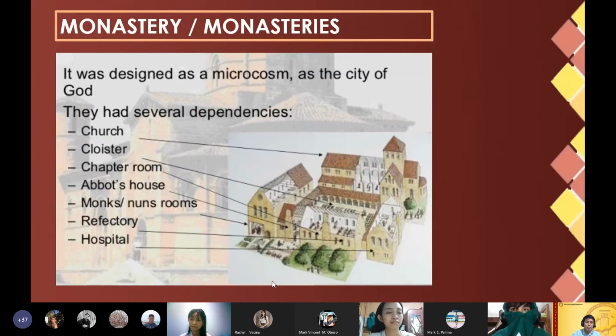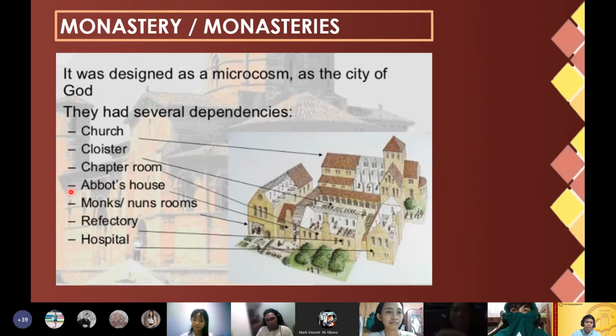Okay, so for monasteries, it was designed as a microcosm, as the city of God. No? So they had several dependencies. So ang monastery is, you have the church, cloister, chapter room, abbot's house, monks, nuns rooms, refectory, napagani hospital.